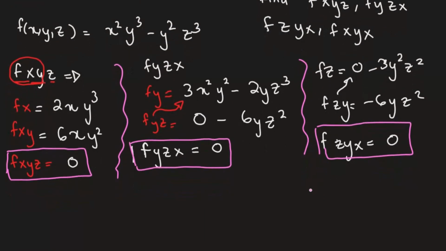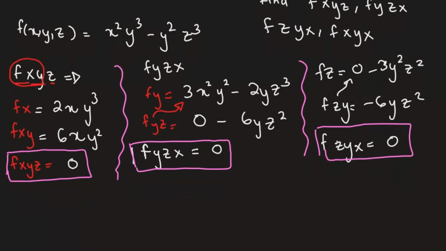Now our last problem is to find f of x of y of z. For this we first need to find f of x of this function. But you see, f of x we already calculated over here, so we already have it. And then we are finding f of x of y.